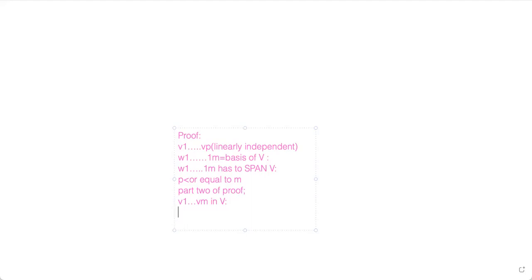Okay. So we've got V1 through Vm in V. We want to show that V1 through Vm spans V. Why do we want to show that? Well, we've already pointed out that V1 through VP are linearly independent vectors.